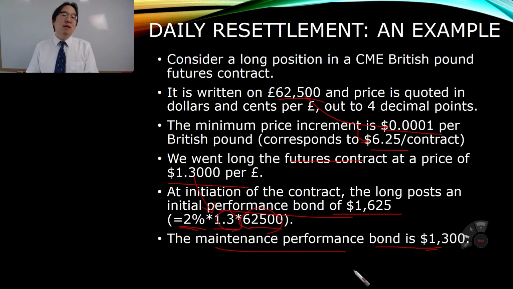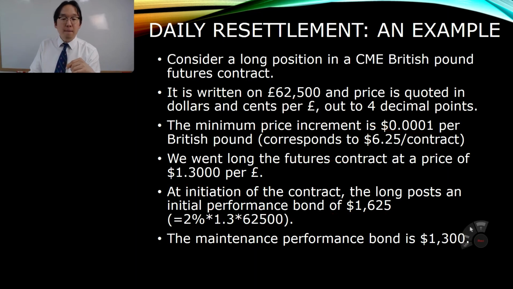Maintenance gives us an idea about the minimum balance that you can think about, but the starting balance would have to be sufficient. So you have some buffer over there, a $325 buffer.